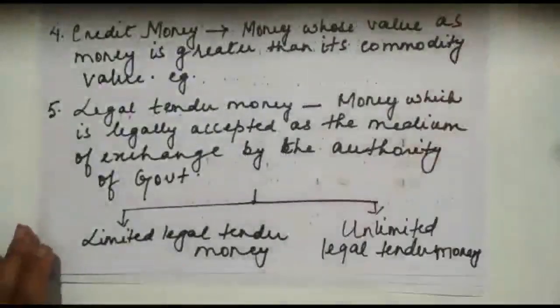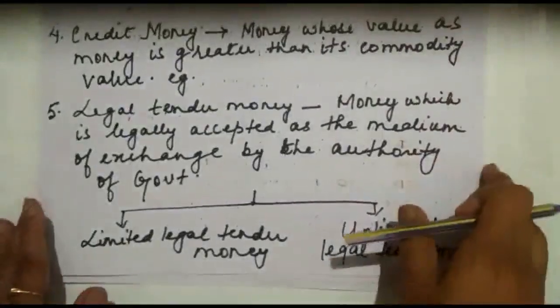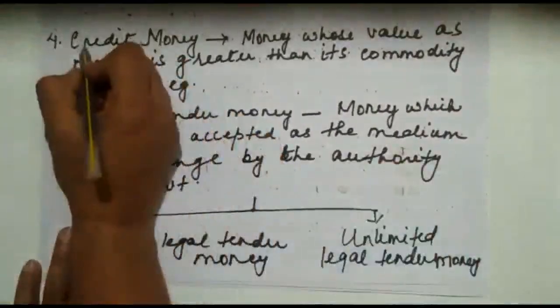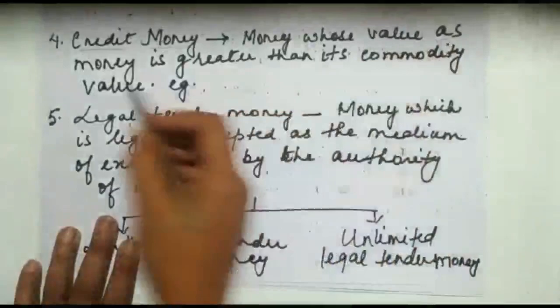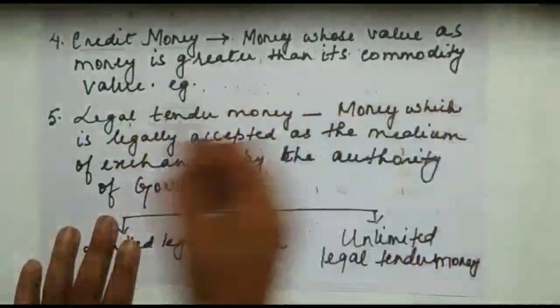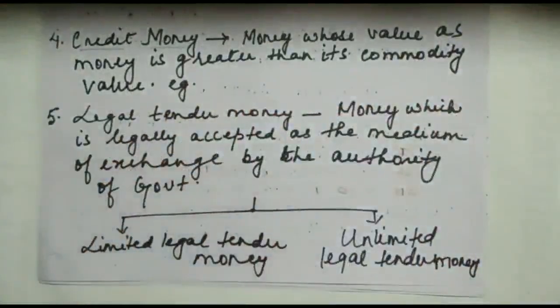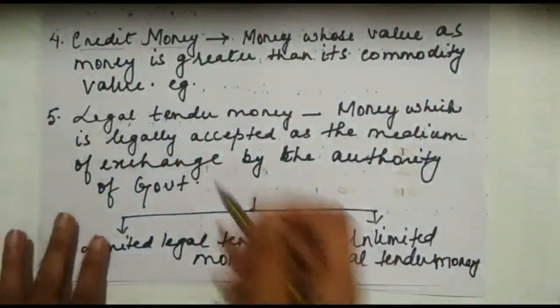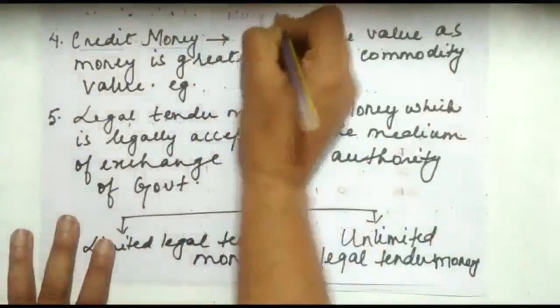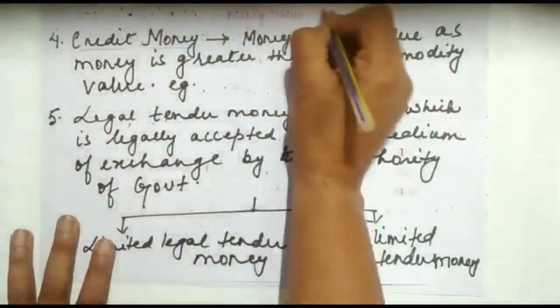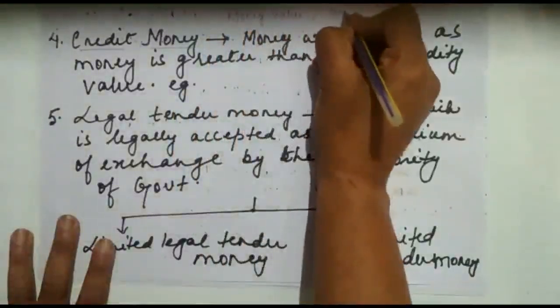And the next is credit money. What do you mean by credit money? Money whose value as money is greater than its commodity value. Where money value is greater than the commodity value.